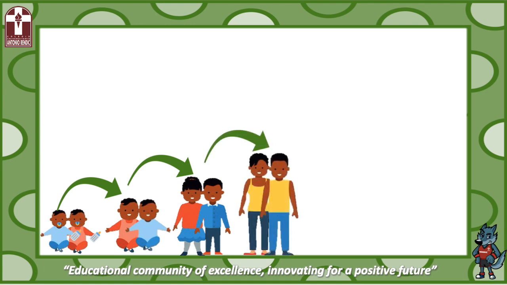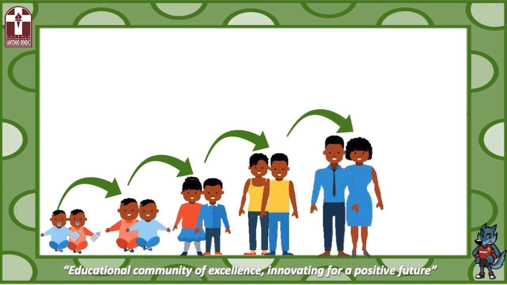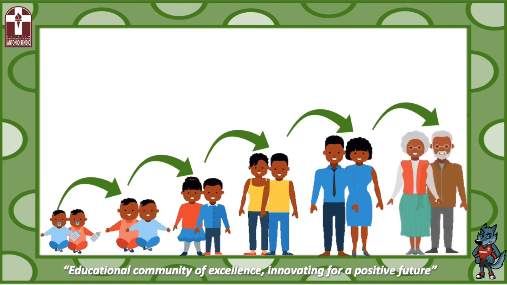After a few years, the child grows into a teenager. Then the teenager grows into an adult. As time goes on, the adult gets older and becomes an elder.